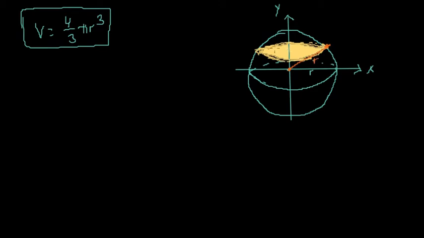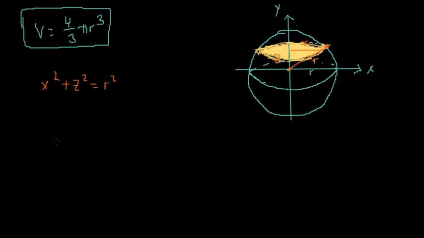The radius of this strip, of this circle of a slice, is, let's say, equal to x, and the distance between my origin and this slice is, let's say, equal to z. By the Pythagorean theorem, I know that x squared plus z squared is equal to r squared, right? Yes.